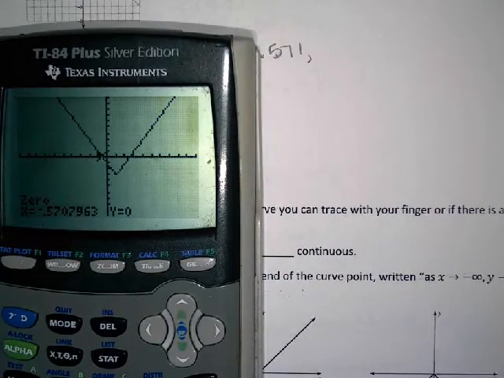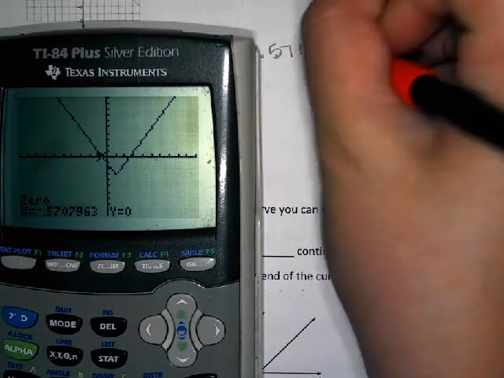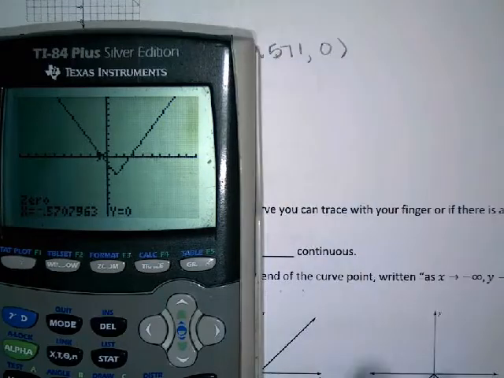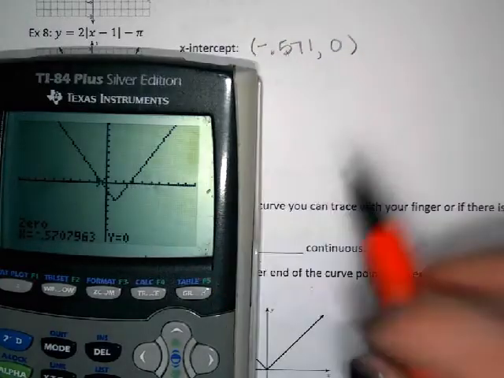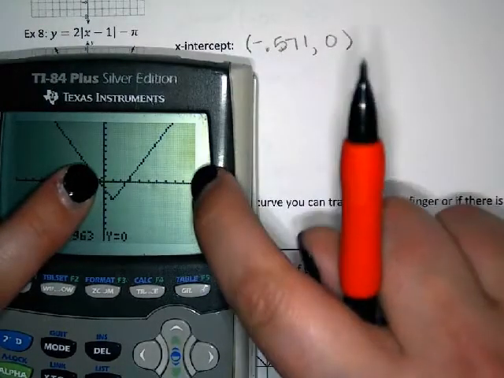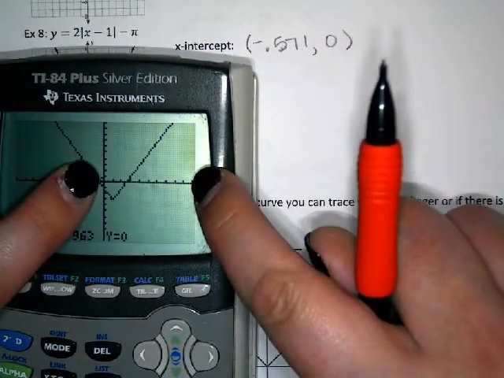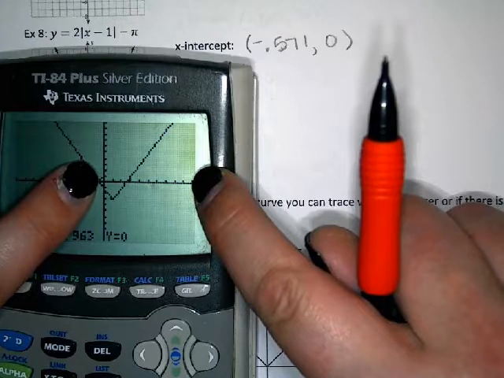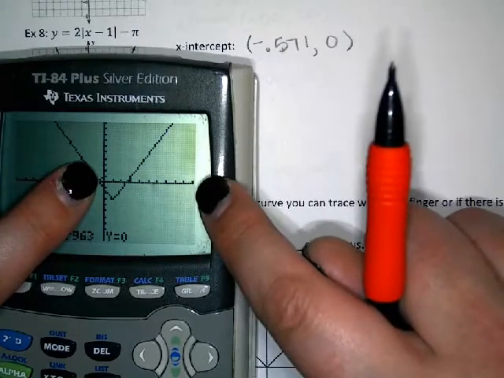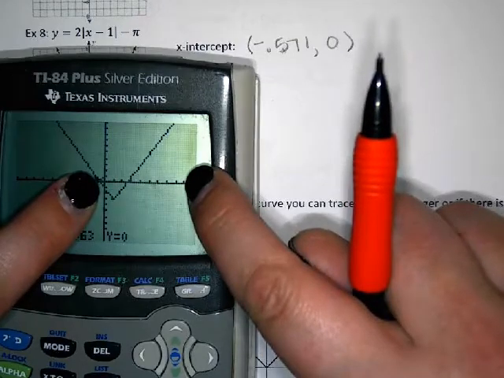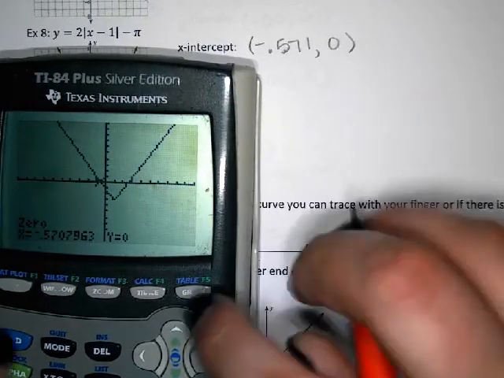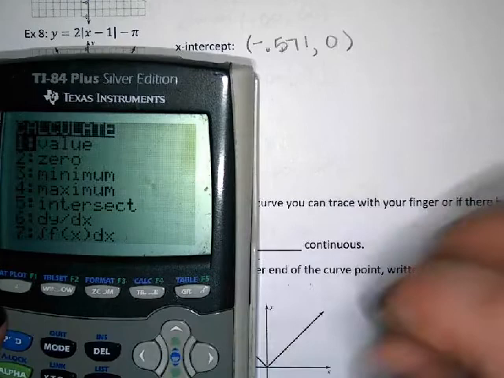Now we have another X-intercept. It's on the other side. Now this one's on the right side, so I'm going to say that the point is between 0 and 10. So I'm going to go through the same process again, but this time for my left bound I'm going to type 0, and for my right bound I'm going to type 10. I'm just going to look between 0 and 10. So I'm going to do second trace, option number 2, and for my left side I'm going to type 0.